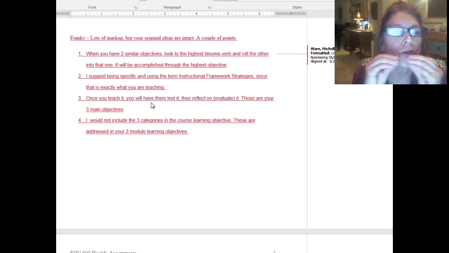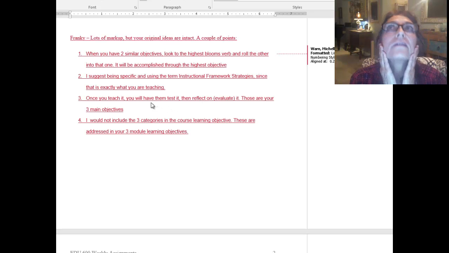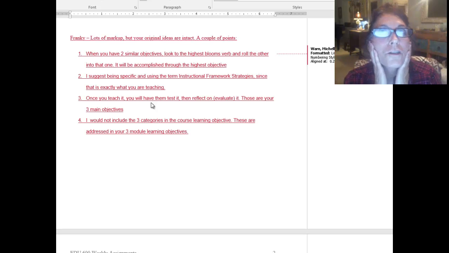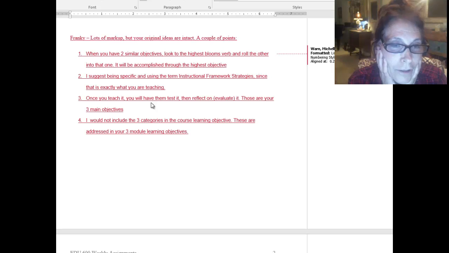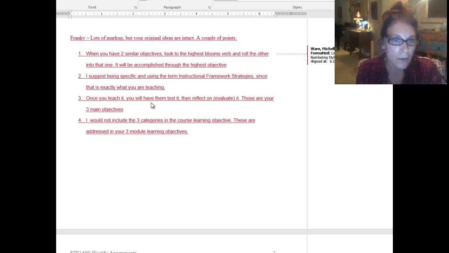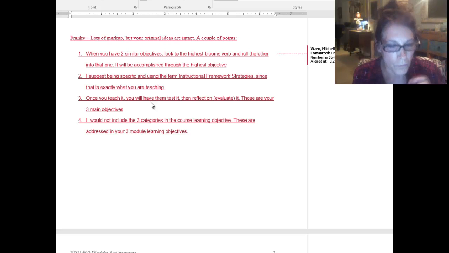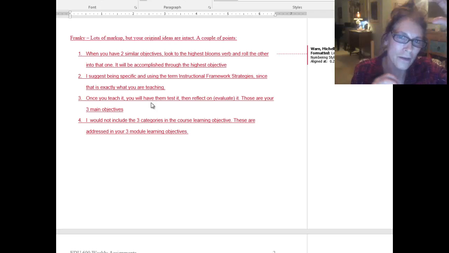So you talked about the how and the what. Your module learning outcomes and your course learning outcomes: typically what we do in backwards design is develop the module learning outcomes, and then it's kind of like back and forth, and then the course learning outcomes really reflect those module learning outcomes.